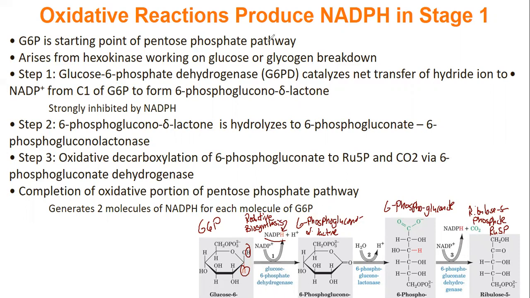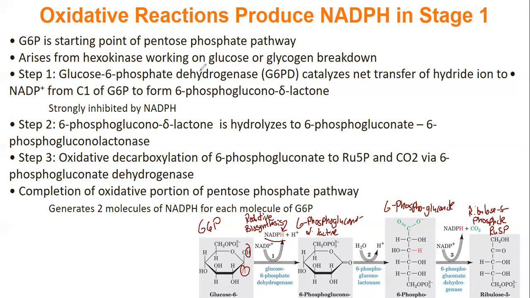And this reaction is strongly inhibited by NADPH, which makes sense, right? Since step 1 is irreversible and we can use glucose 6-phosphate for other things like glycolysis, we don't want to use this pathway if we don't need NADPH, right? The first step is already committed.